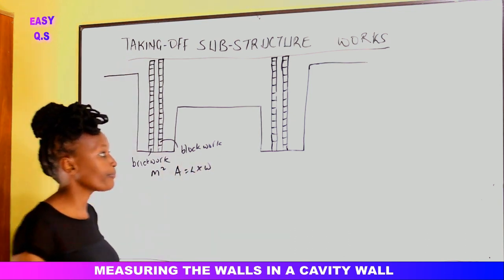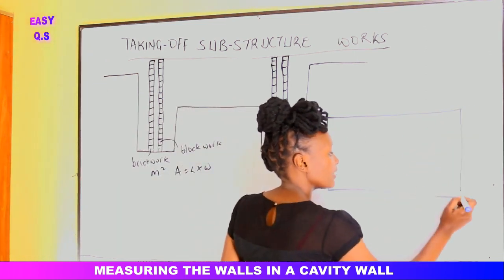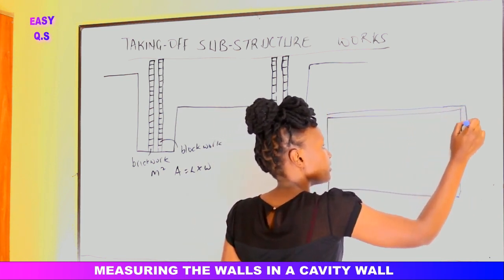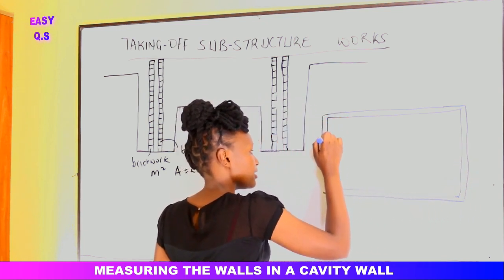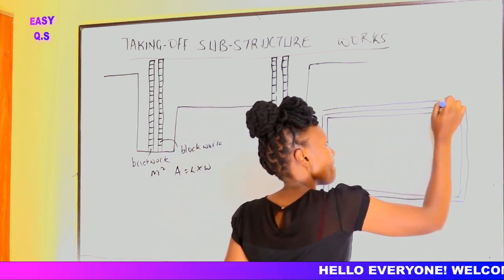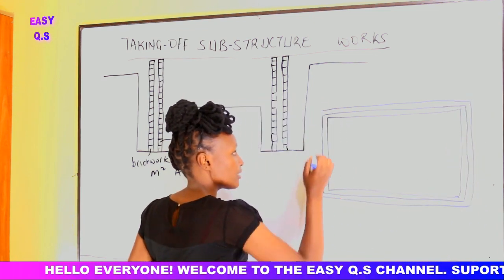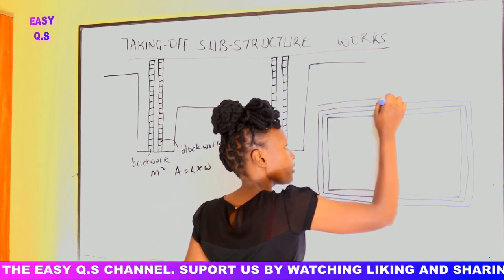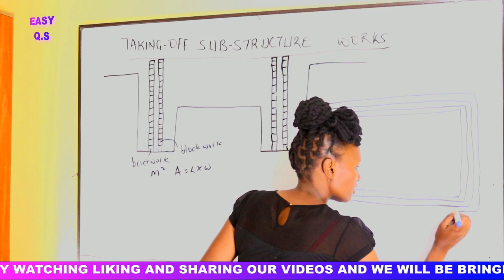Assuming we have the plan here. The plan is made of cavity walls. In cavity walls we have that wall here, that is the blockwork. Then we have the space, then we have the brickwork. Let's see how it is. We have the brickwork here. Alright, in the plan we'll be able to see all these walls.